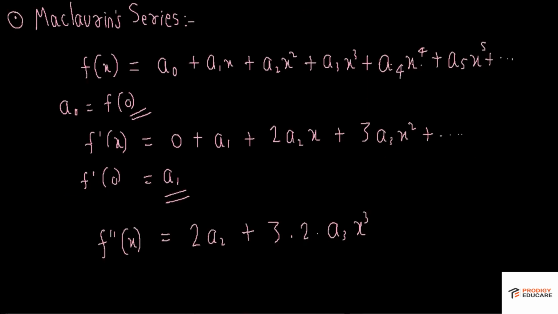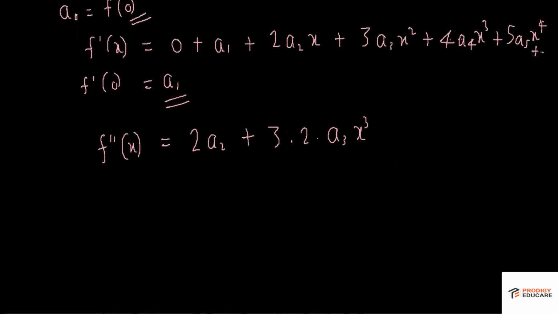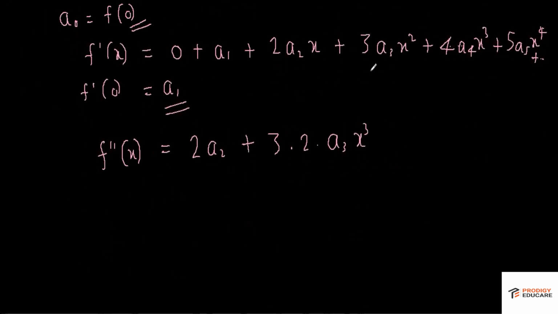So when I differentiated this function, I got this. Now when I differentiate this function, I'll get 4 times a4 x cube plus 5 times a5 x raised to 4 plus dot dot and so on. And then when I double differentiate it, it was x square, sorry, this cube will go and I'll have x raised to 1 in this case.